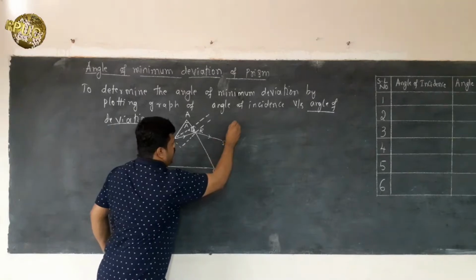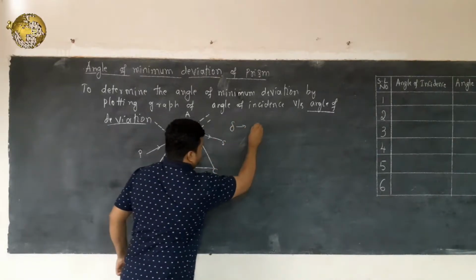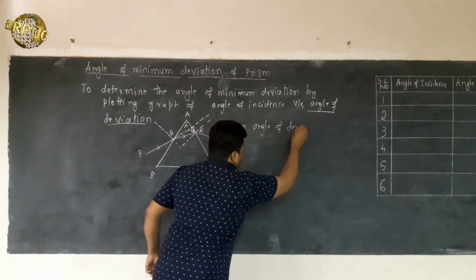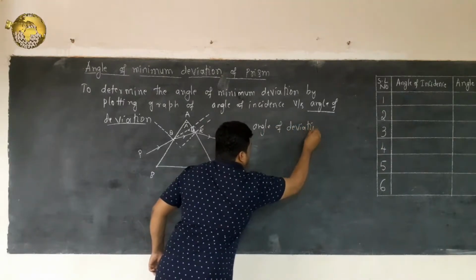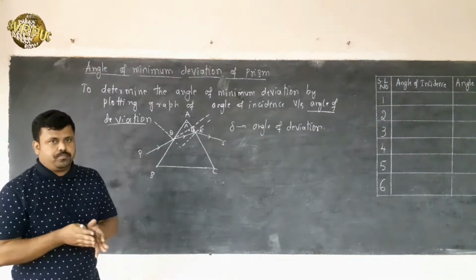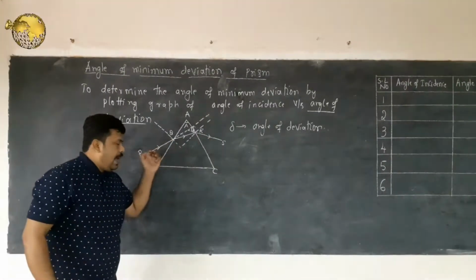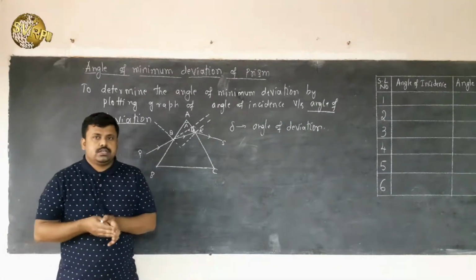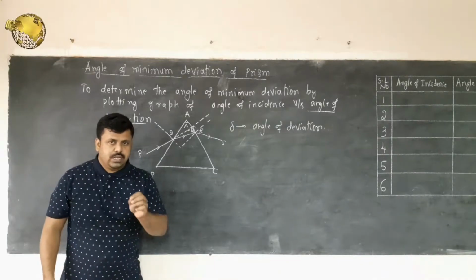I represent the angle of deviation as delta. This angle of deviation becomes minimum for a particular angle of incidence, and our aim is to find that angle of minimum deviation.